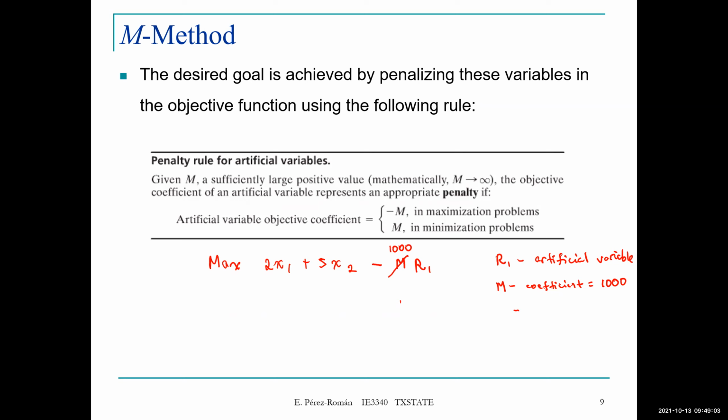So that's what this statement and this penalty rule for artificial variables is trying to explain. If we have a maximization problem, we want to use minus M because that's the penalty. And a very high penalty basically is going to force that artificial variable to be zero at the end of the problem. If you are minimizing, it's the opposite.